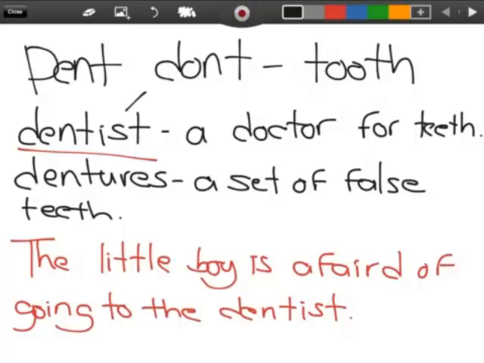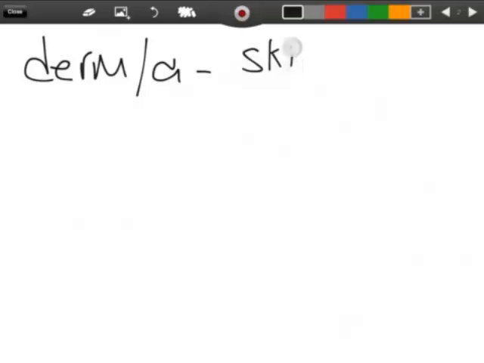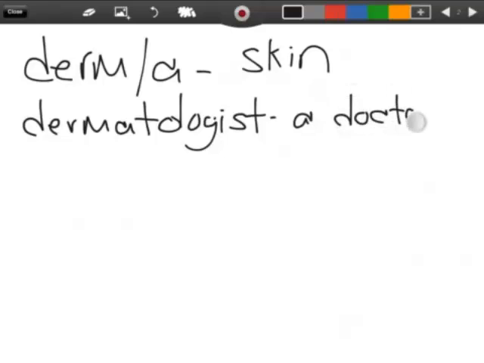Right, let's move on to our next root, which is derm, meaning skin. I'm going to give you two examples for this. One of them is dermatologist, meaning a doctor for skin.